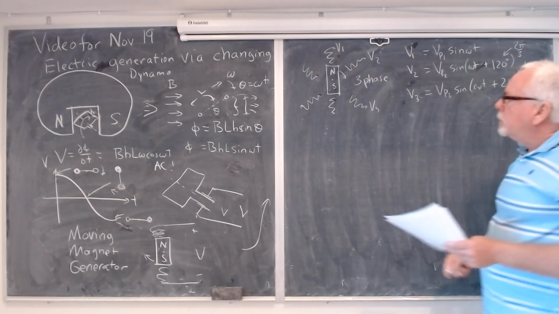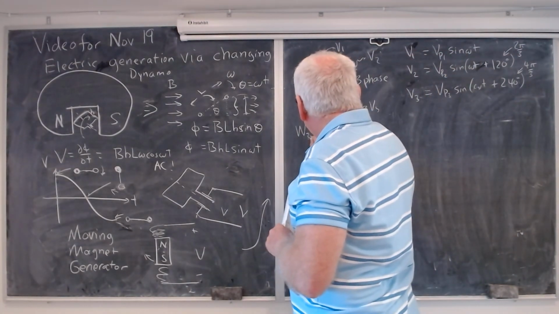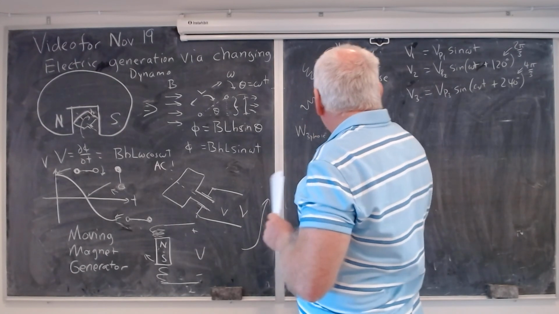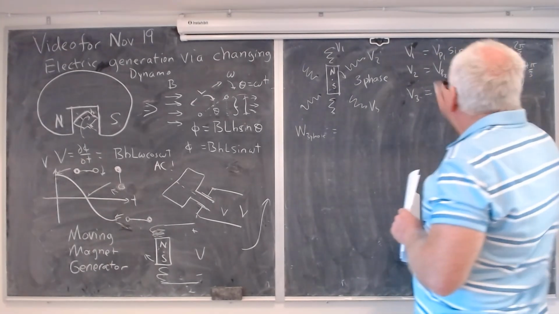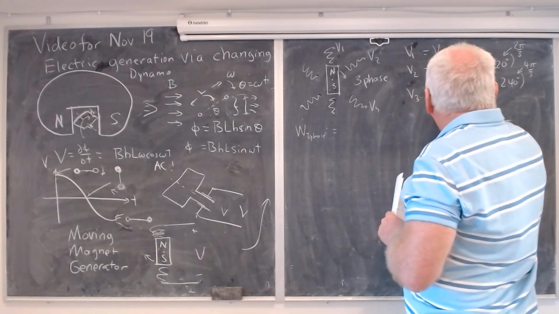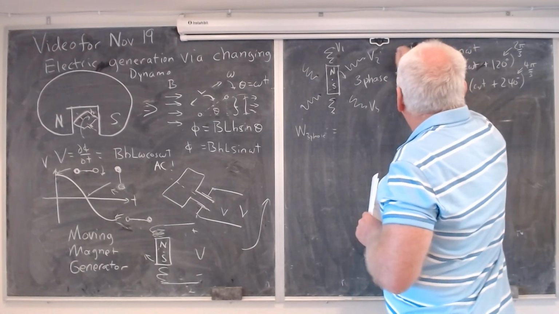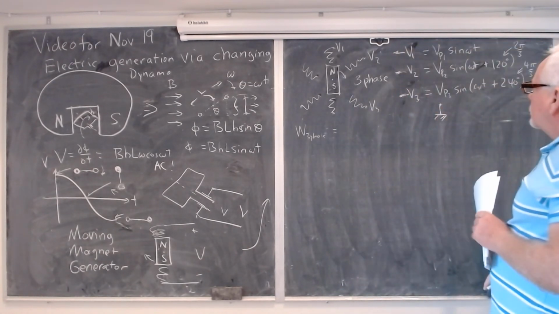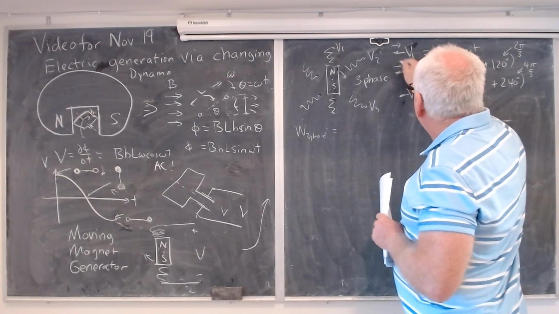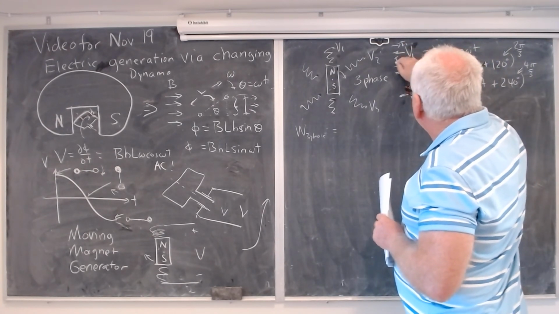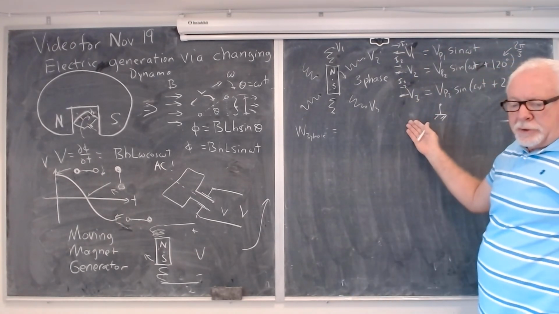All right, now the question is, okay, three-phase, what is it? Think about it: you have V1, V2, and V3, and then you have a ground terminal. If each one has a current, I1, I2, and I3, then it's just like three separate circuits.